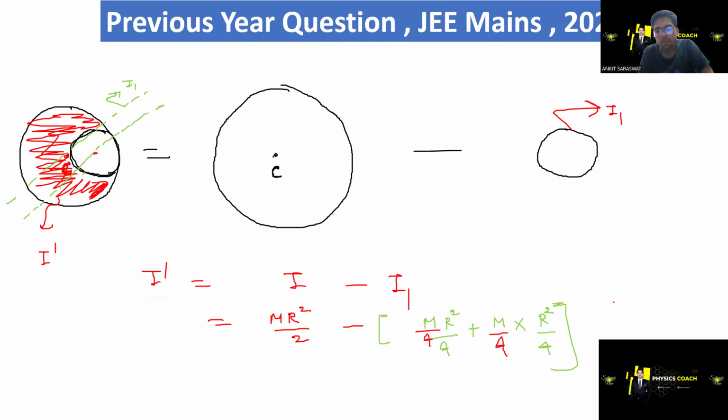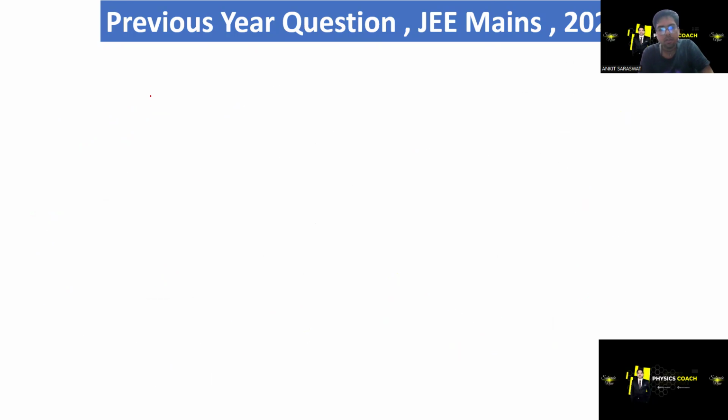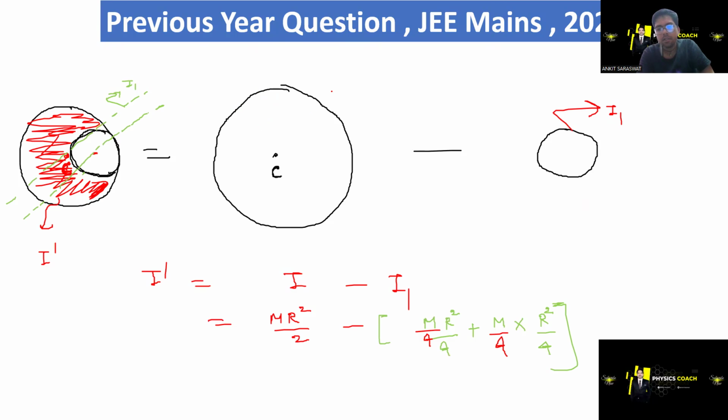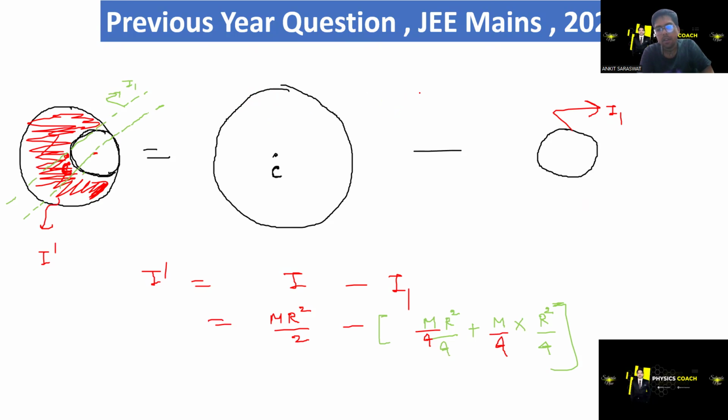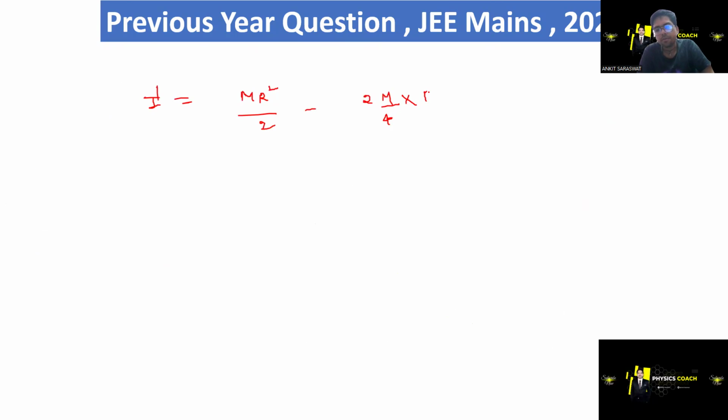Simply we can solve: mr square by 2 minus m by 4, twice of m by 4, multiplied by r square by. So you can solve this. Tell me fast, what is the answer?